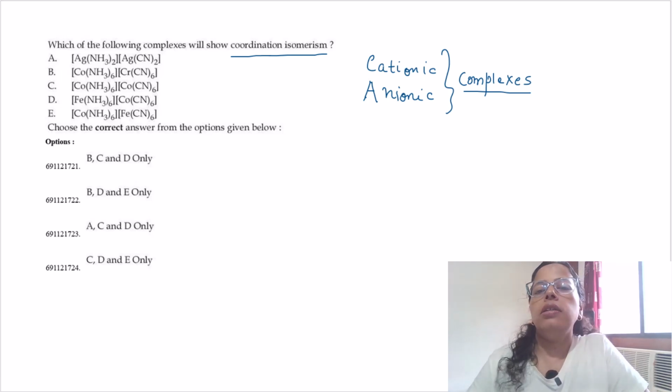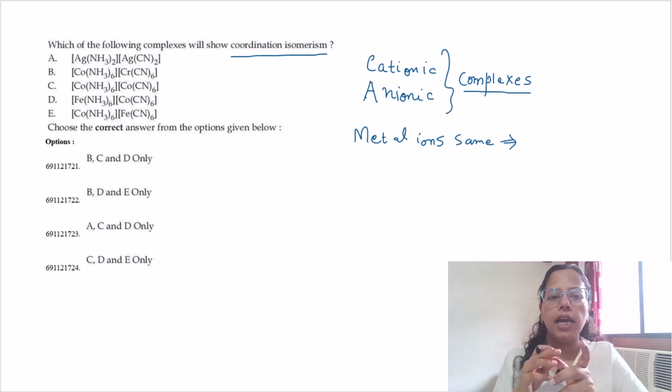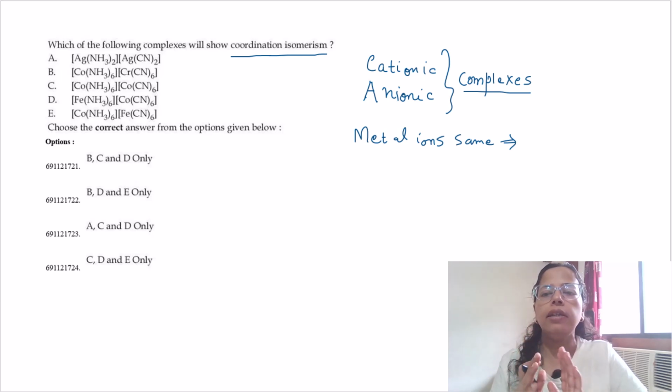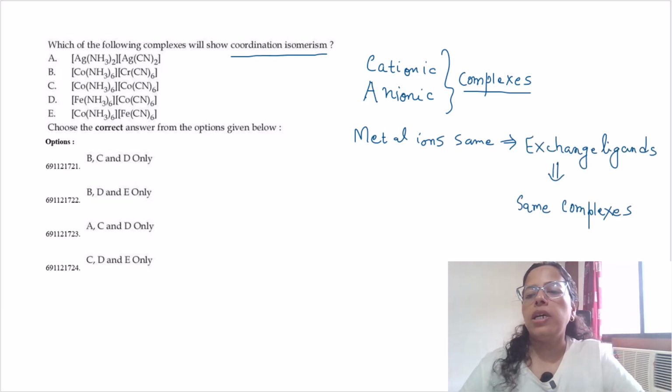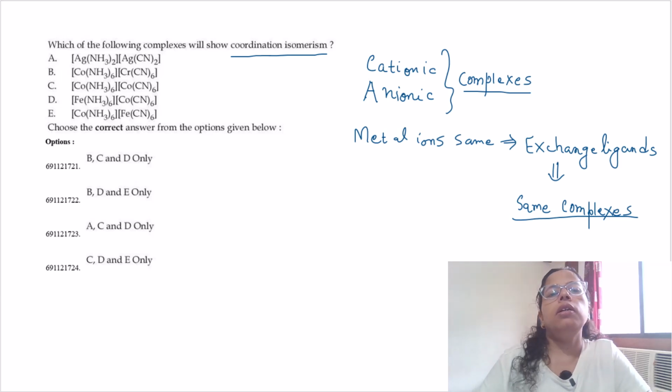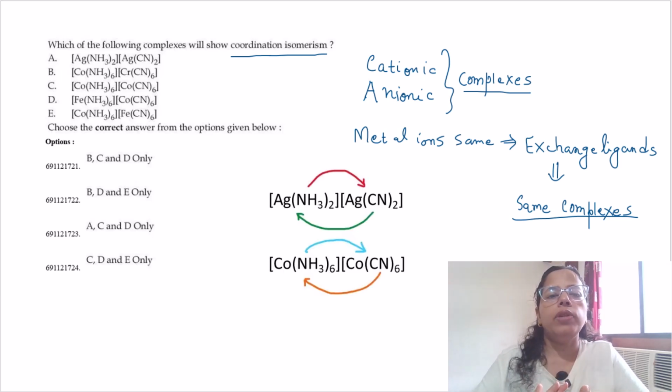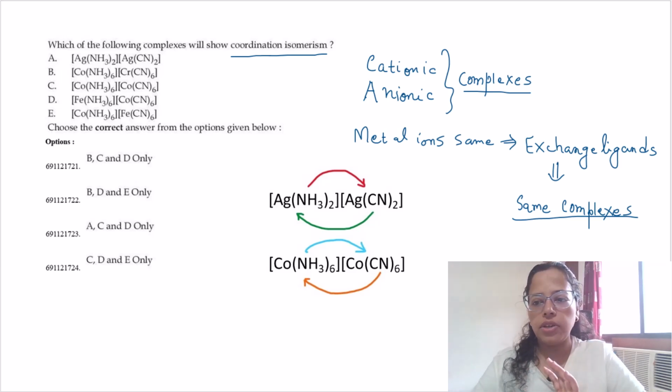When the metal ions are exactly the same and we exchange ligands, we get the same complexes. If you exchange the ligands in option A, you get again the same complex, Ag(NH3)2 and Ag(CN)2. There is no difference.